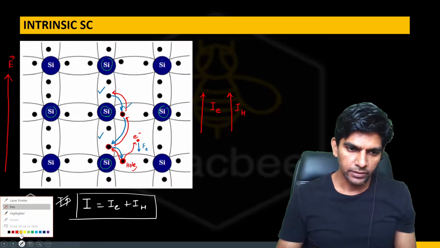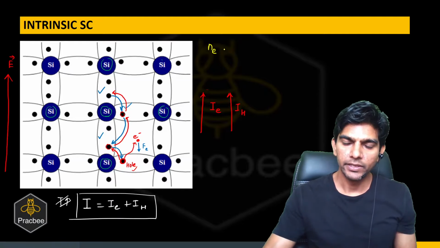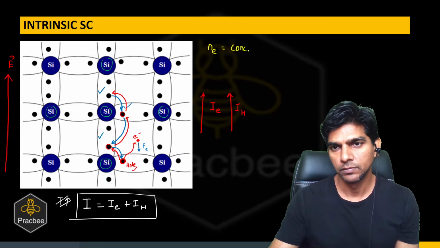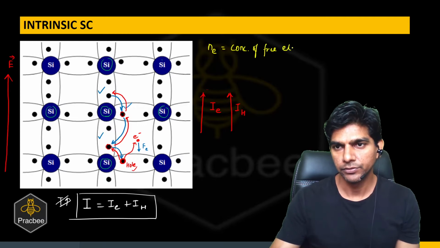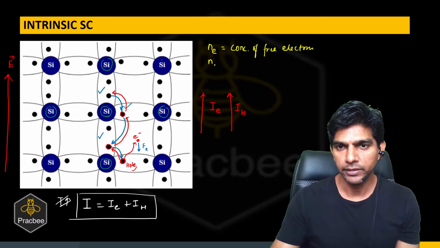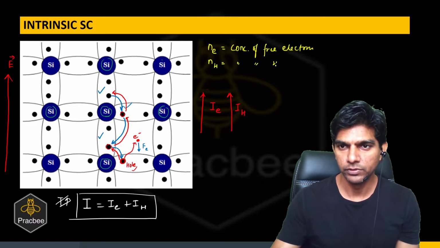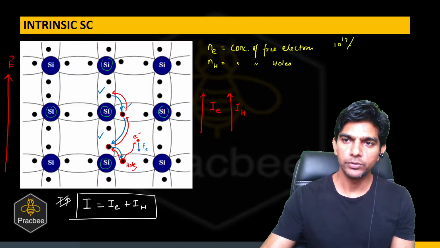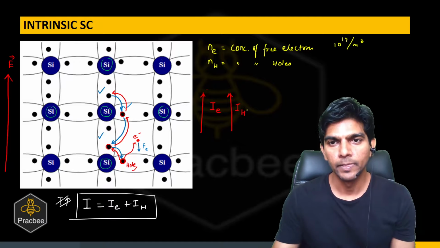So if I say Ne, that is the concentration of free electrons, and Nh is the concentration of holes. Usually concentration is measured like this, say 10 raised to 19 per meter cube, per unit volume, right?